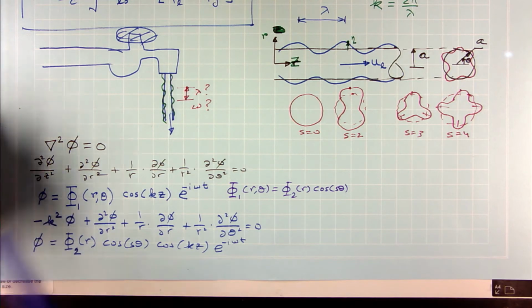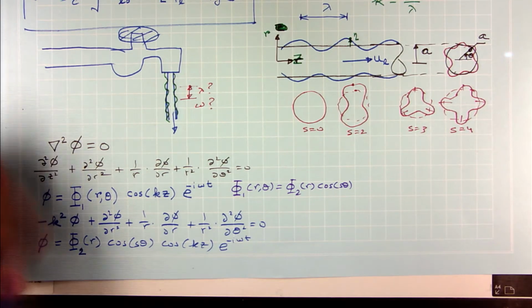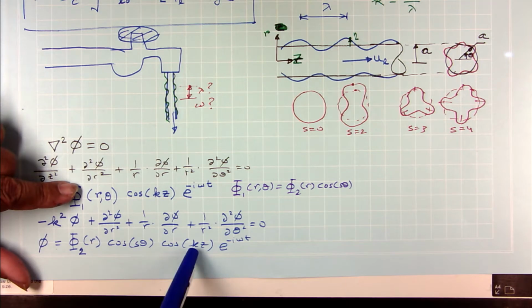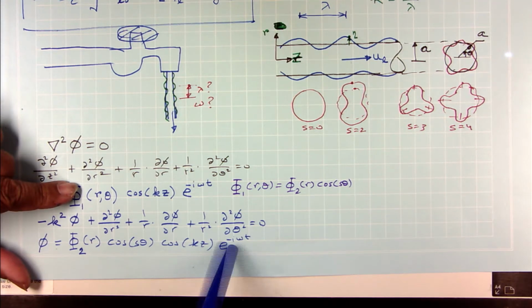Okay. But at the end of the day we are doing this whole exercise because we want to express k as a function of omega, right. That is the whole objective of doing this analysis.